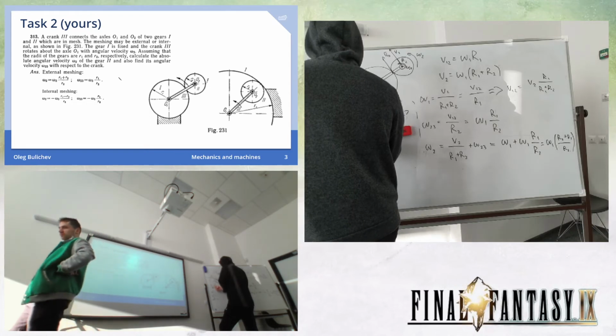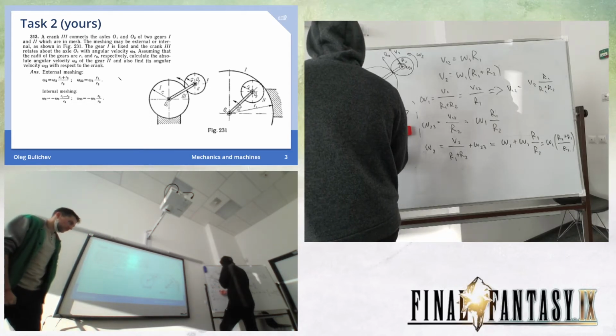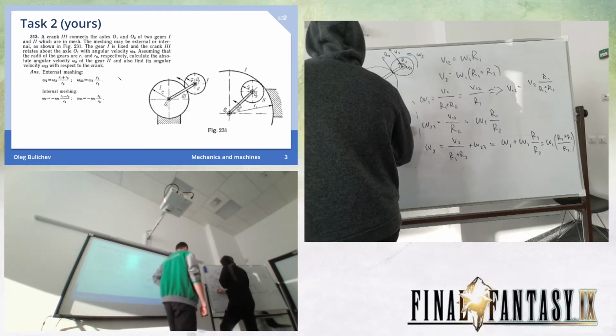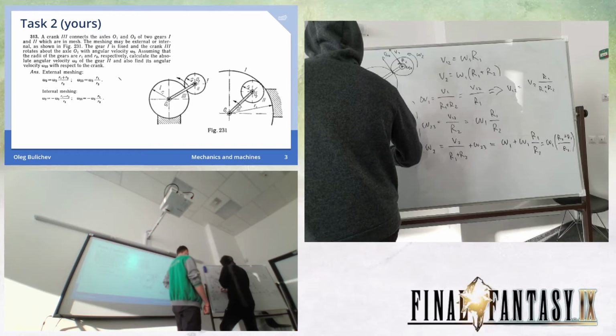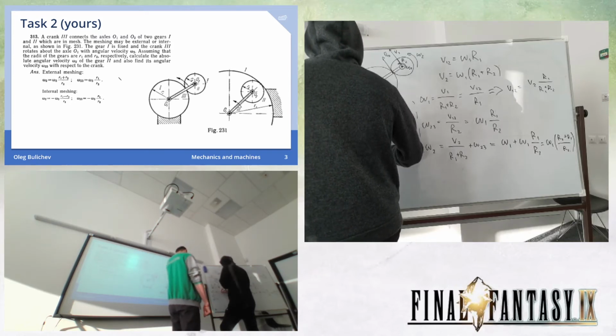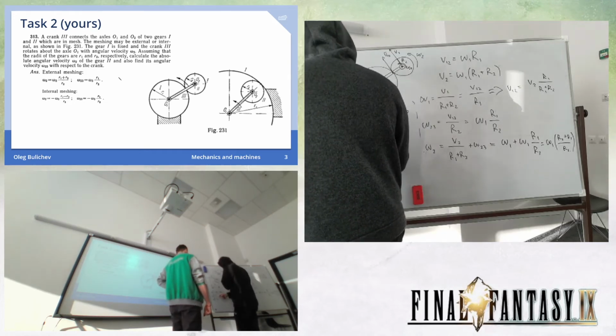Fix it so it's equal to 0, then V1 star is V1 minus VH, which is 0. Just V1. VH old. VH. V2.